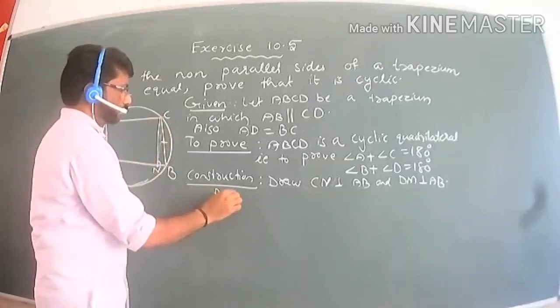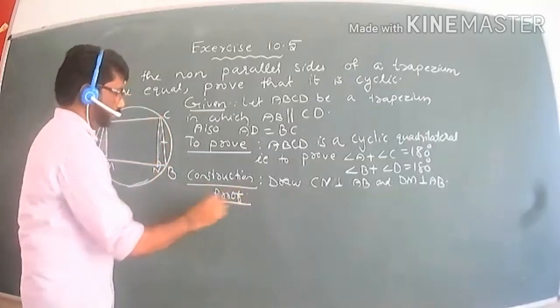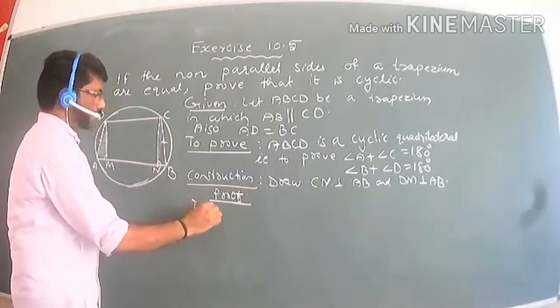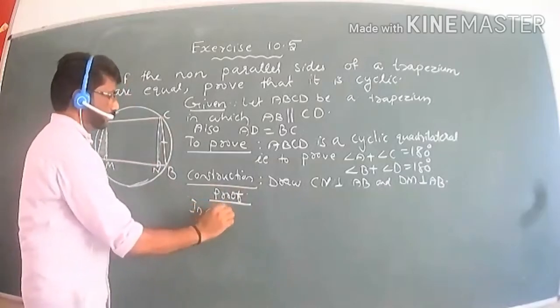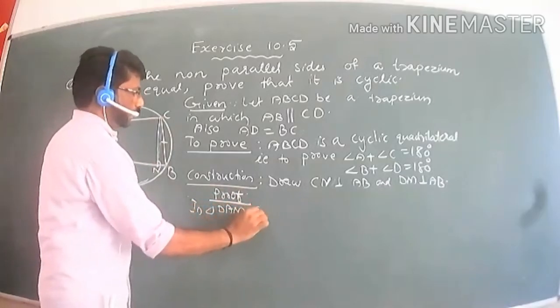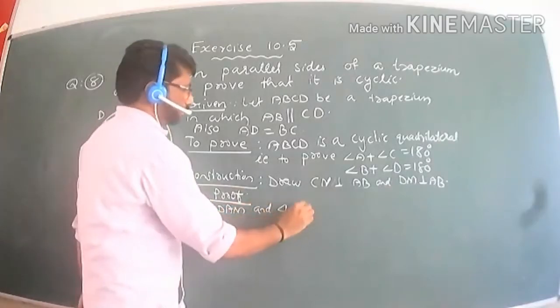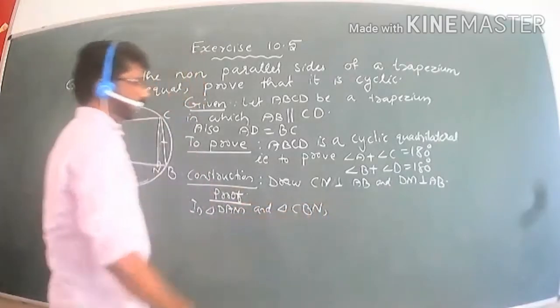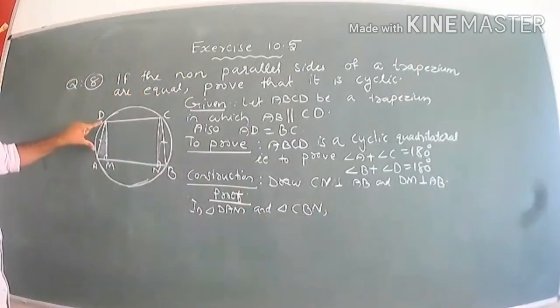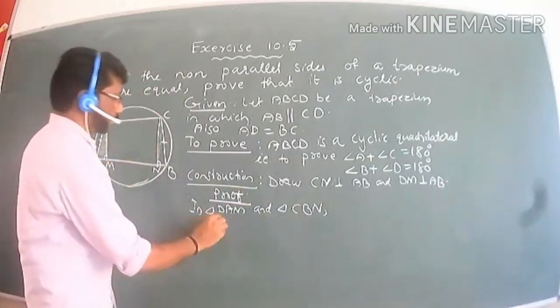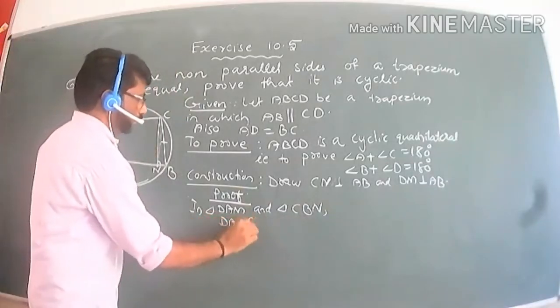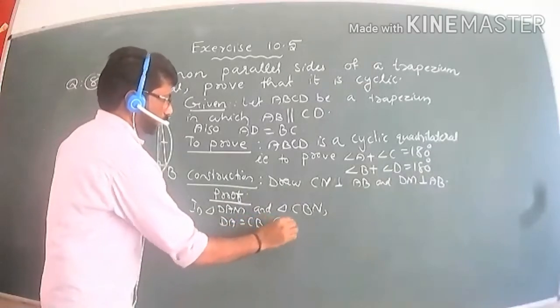Proof. In triangle DAM and triangle CBN, which are the equal sides? Let us say DA is equal to CB, given.